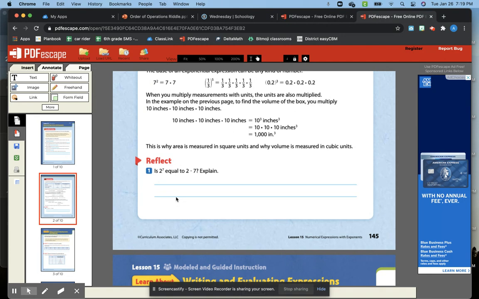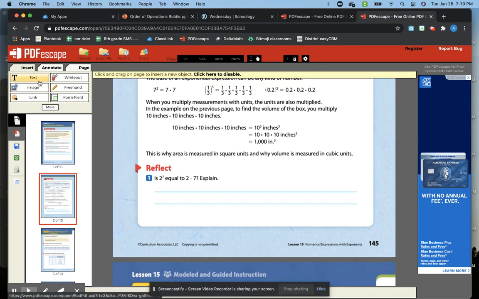So it asks us, is 2 to the 7th equal to 2 times 7? And explain. So the answer would be no, it is not equal.